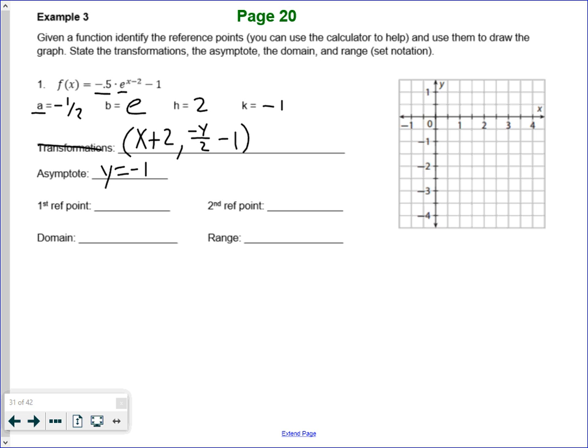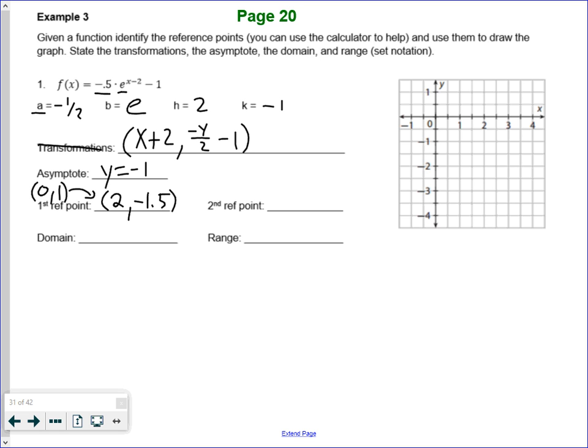Our first reference point is going to come from the parent point 0, 1. We're going to plug that into our transformation rule and see what we get for our transformed reference points. So 0, 1, you put that into your transformation rule. 0 plus 2 is 2. You plug in 1 for y, you get -1/2 minus 1, or -1.5.